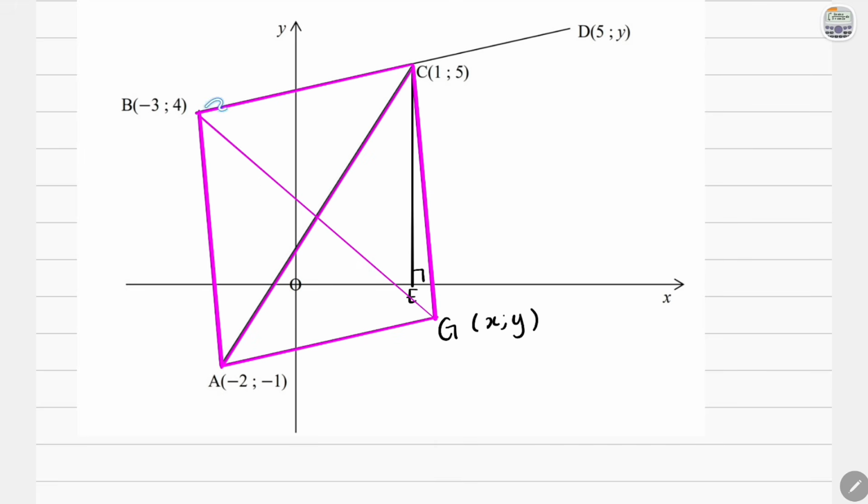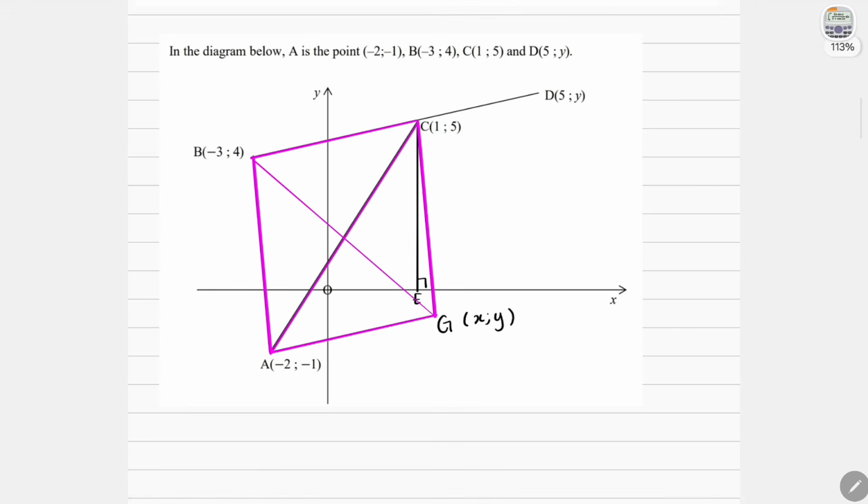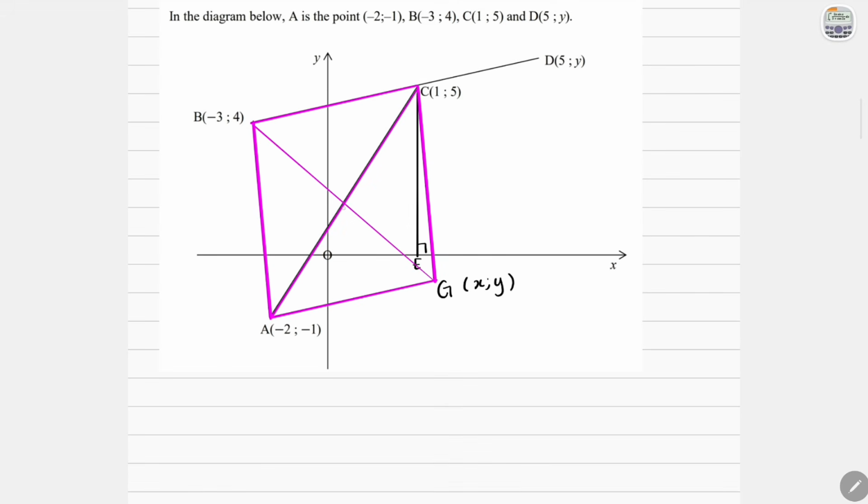And BG is also bisecting AC, meaning this is equal to this. Because of that, this center point here is the midpoint, and this is also the midpoint. So they have a common midpoint. And that's what we're going to use: the diagonals bisect each other, meaning they have a common midpoint.